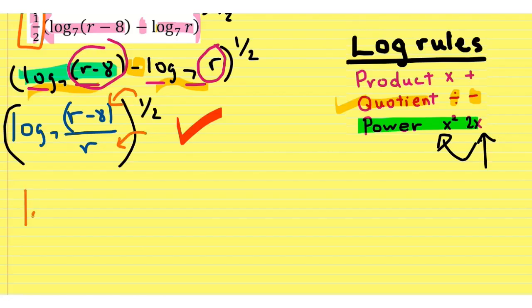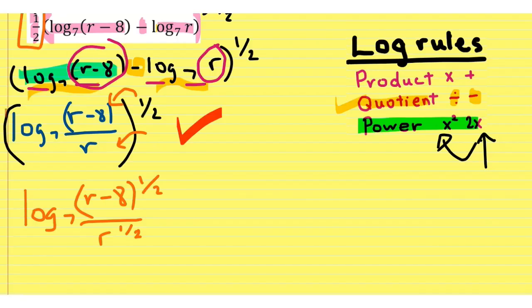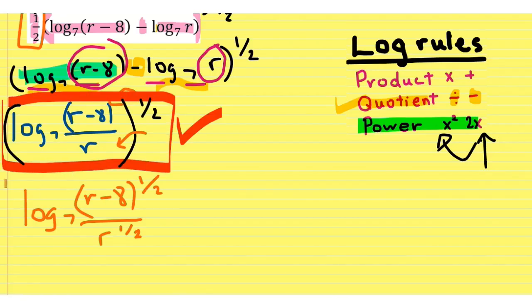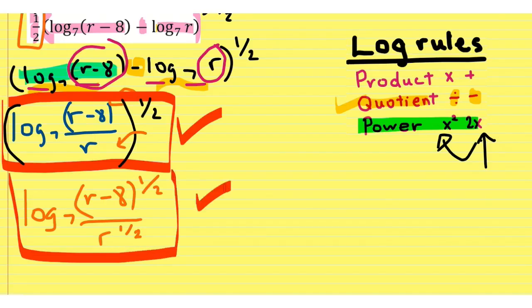We could rewrite that as the log base 7 of r minus 8 to the 1/2 power divided by r to the 1/2 power. So either one of those would be an appropriate answer. We could leave it like this, or we could distribute that 1/2 into the parentheses as well.